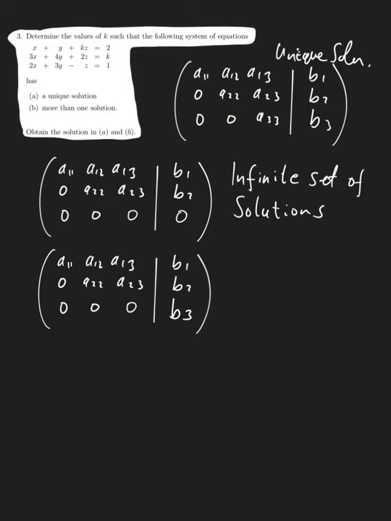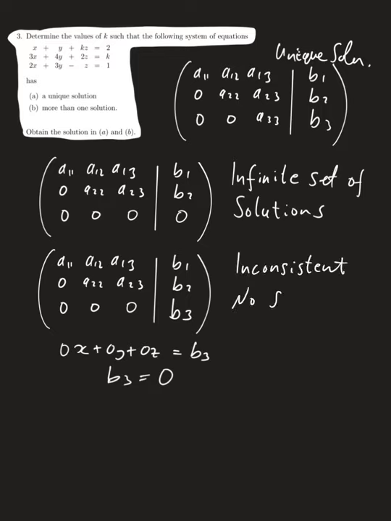So if you translate that back as an equation, you get 0x plus 0y plus 0z is equal to b3, whatever that is, something that's not 0. So that's essentially 0 equals b3, where b3 is something that's not 0. So there is no solution there. You just have an equation that's obviously not true. That's what you call inconsistent or no solution. In this question we won't see that last one.